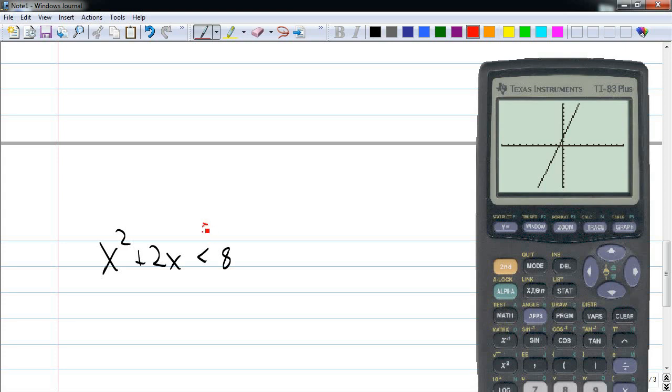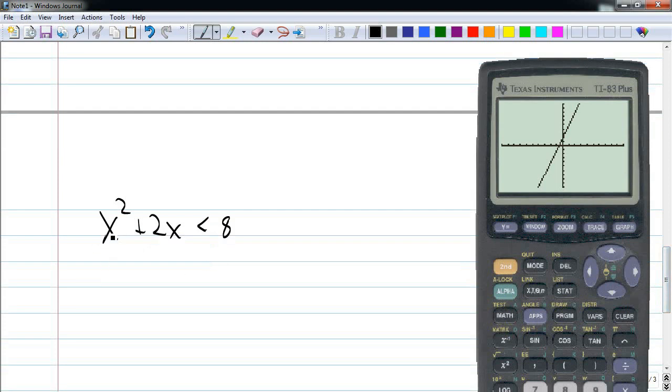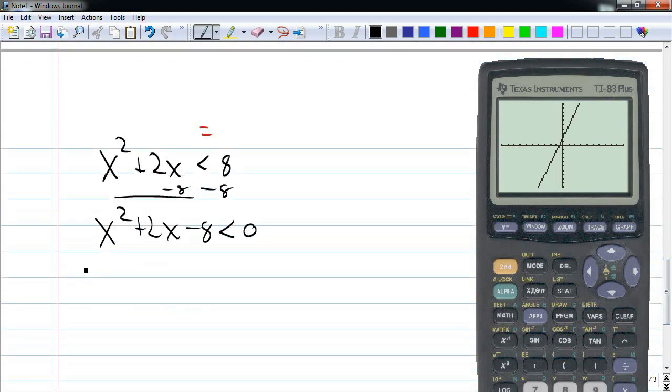The problem is that in a quadratic inequality, that impulse will do a lot less for us, and I'll show you why in a moment. So let's pretend that this is an equation and solve it. x squared plus 2x, I pull everything to one side, minus 8 is less than 0. I factor: x plus 4, x minus 2 is less than 0.